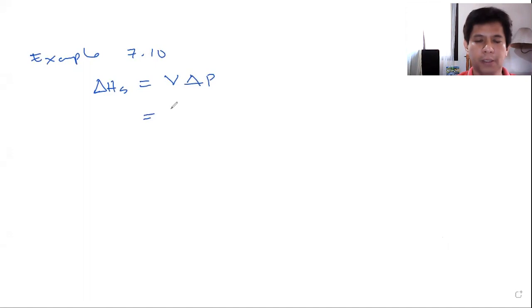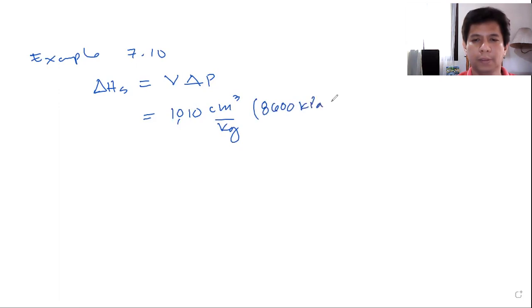It's given that the specific volume is 1010 cubic centimeter per kilogram, and our pressure change is 8,600 kilopascal minus 10 kilopascal. All you need to do here is some conversion.